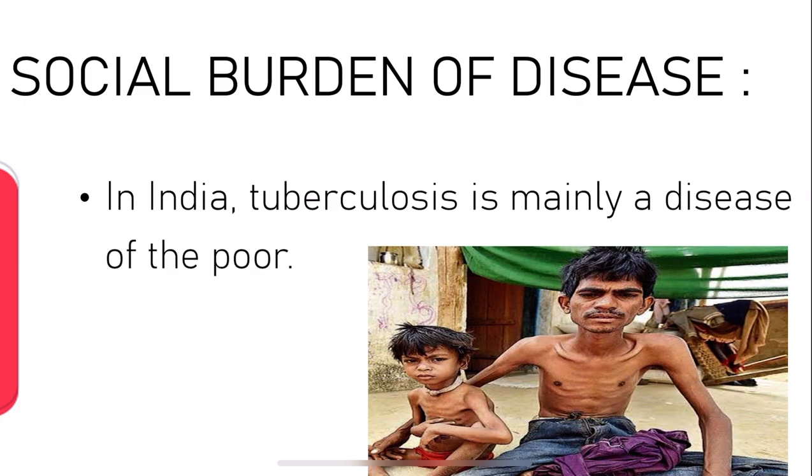So TB is mainly a disease of the poor because the person is not able to carry out his job, and his source of income is lost. He has to stay home, he has to stay in the hospital for up to 3 to 4 months.